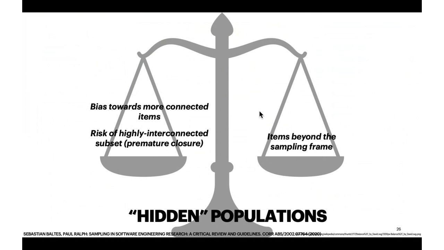This also means that we can reach hidden populations where we can be sure that no sampling frames are available, or in case people might be reluctant to disclose that they are part of this group.